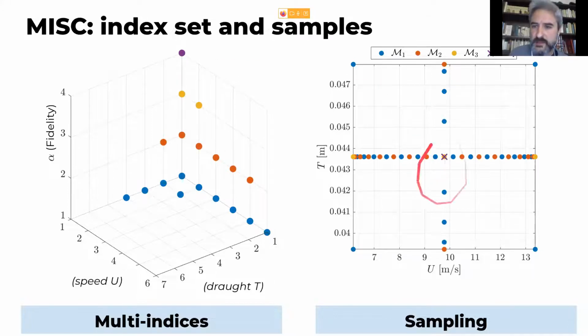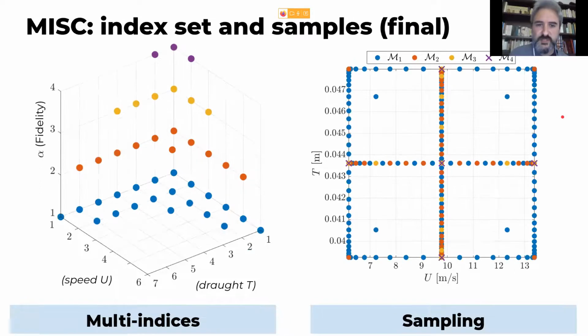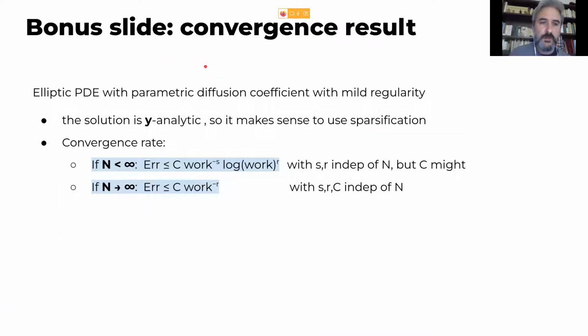In the end, I get this sampling scheme where different colors signify different fidelities. This is halfway through the execution, and this is the final stage. But again, you see a much finer sparse grid for the coarser fidelity, and as the fidelity increases, the sparse grid gets less and less refined.